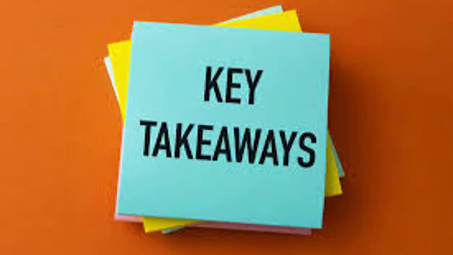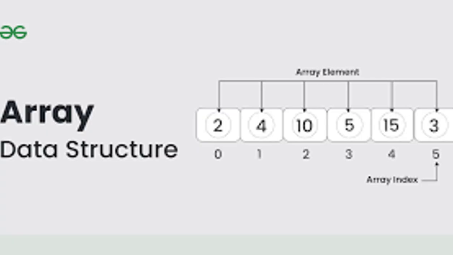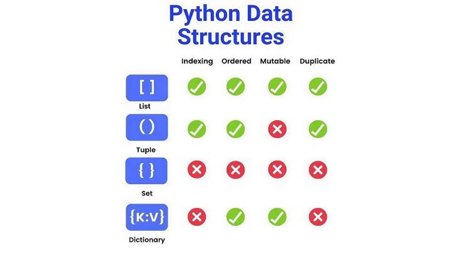So to summarize, Python has multiple data type collections, which are in other languages known as arrays, basically. These four collection data types are lists, tuples, sets, and dictionaries. Lists are a collection which is ordered and changeable and allows duplicate members. Tuples are a collection which are ordered and unchangeable.